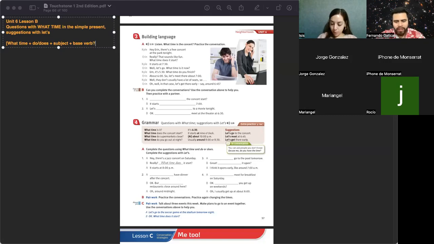Y obviamente cuando preguntas la hora, pues puedes decir nada más, what time is it? También podrías decir, excuse me, do you have the time? Es como decir, disculpa, ¿tiene la hora? Okay.